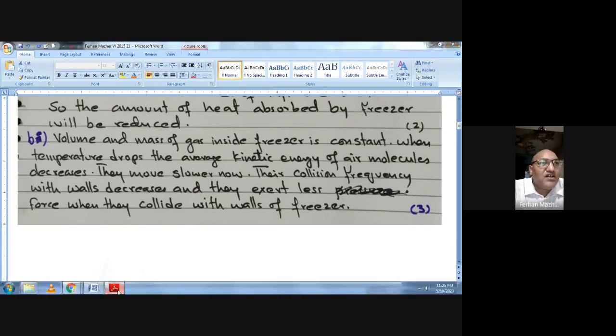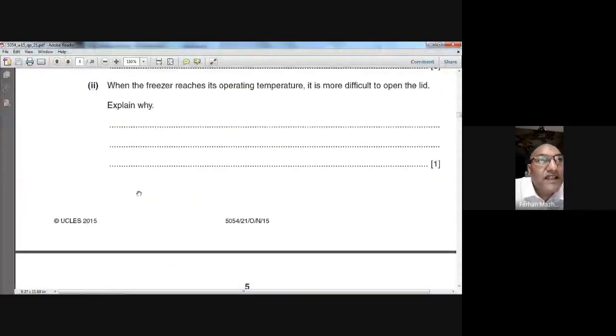Okay, now we are moving to B, second part. When the freezer reaches its operating temperature, it is more difficult to open the lid. Explain why. It's a very simple thing. Now you have a freezer and there is air inside the freezer and there is air outside the freezer.